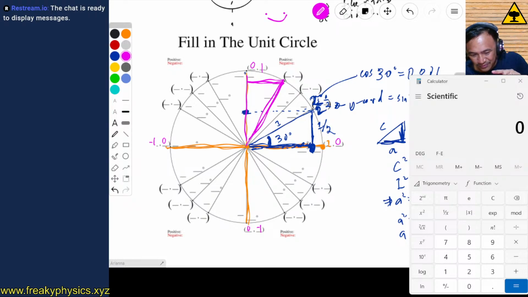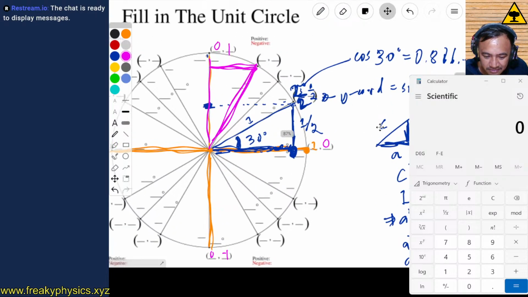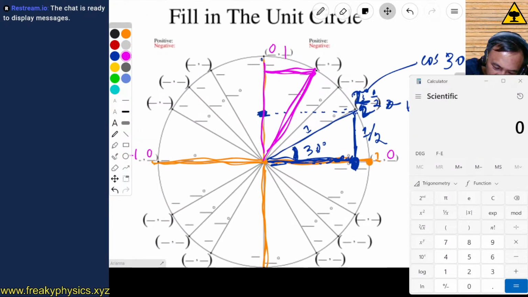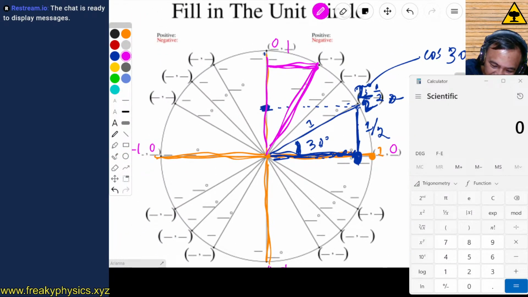So it's just the other one, but kind of flipped over, right? So what do you think the coordinates are for that next angle? One more thing before we go there. If they're the same, then this is the 30 degrees here, right? But which one is 1/2 now? Is it the x or the y coordinate?